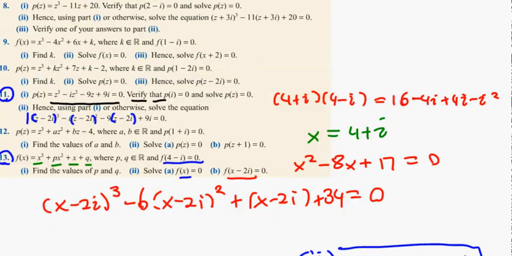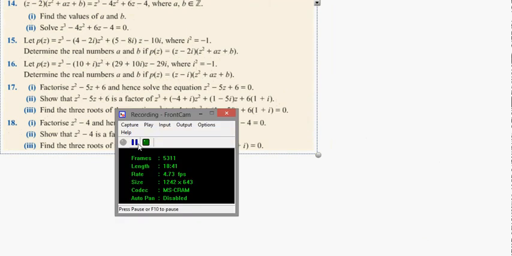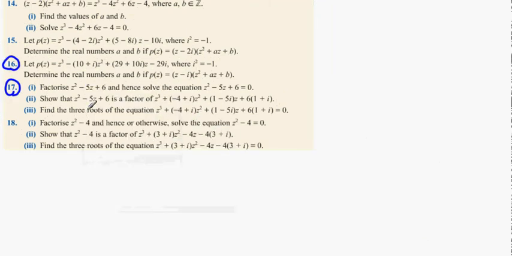Okay, so that's number 13 done. We're going to move on. Okay, so this one here is question 16. Let p of z equals z cubed minus (10 plus i)z squared plus (29 plus 10i)z minus 29i. Please note the first thing is that not all the coefficients are real, so therefore the conjugate theory is out the door.